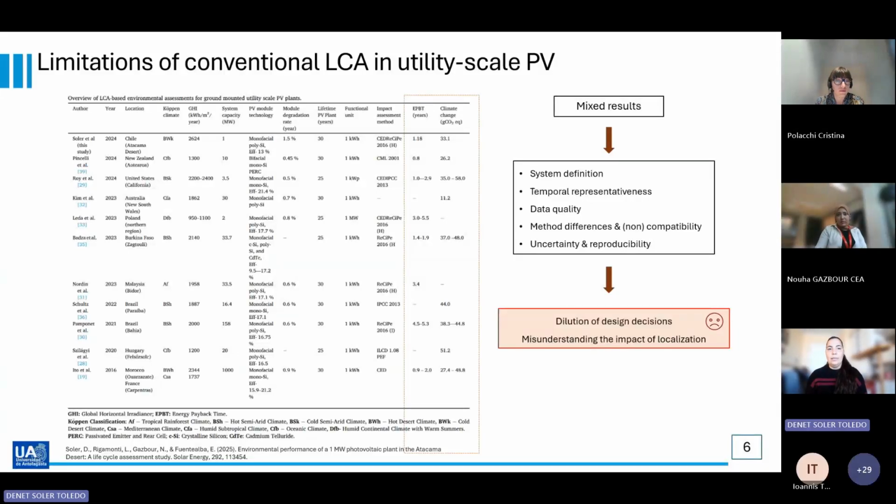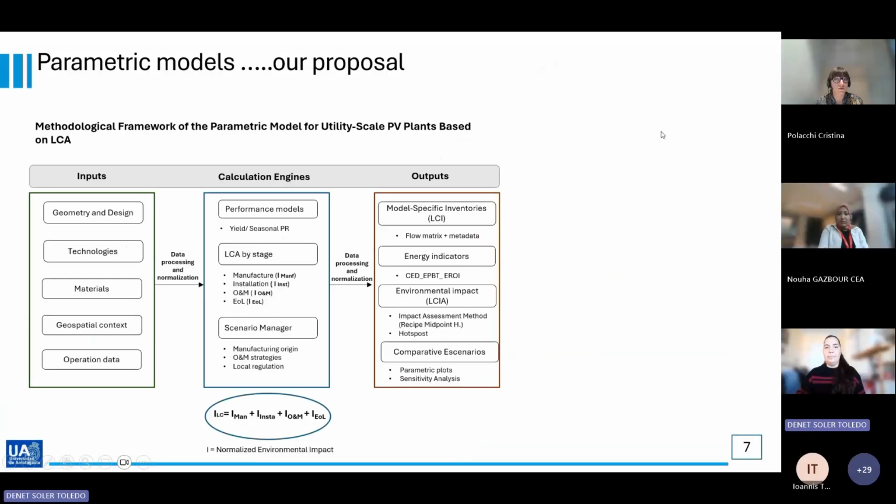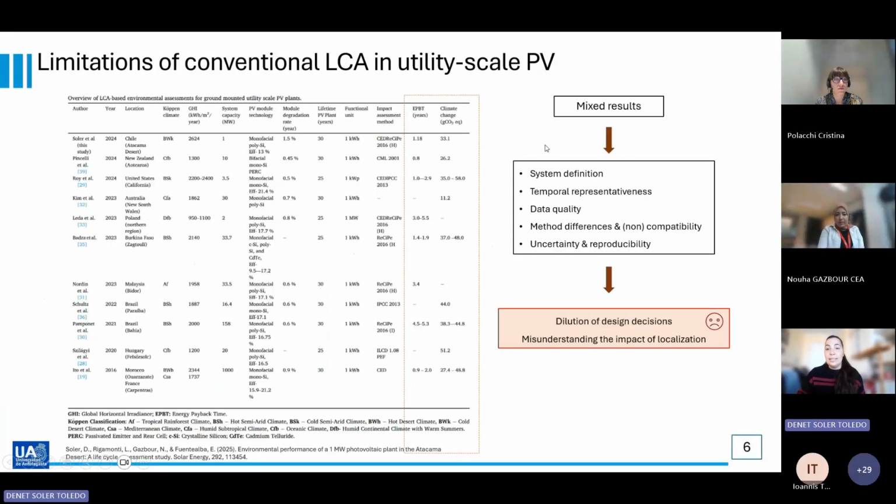But one of the main questions is if this heterogeneity in the results is due to the difference in the system definition, the quality of the data, the temporal representativity.